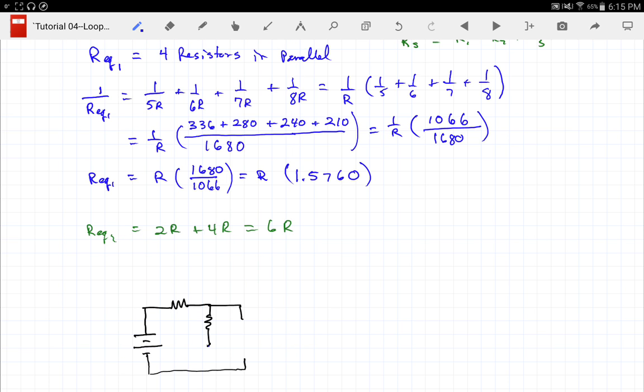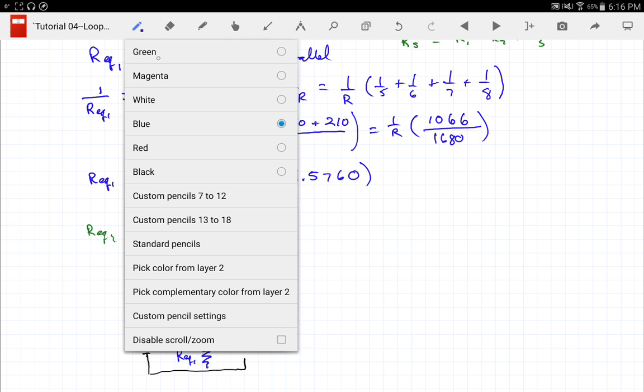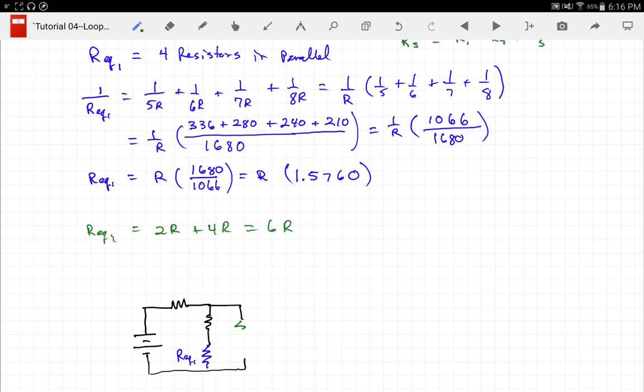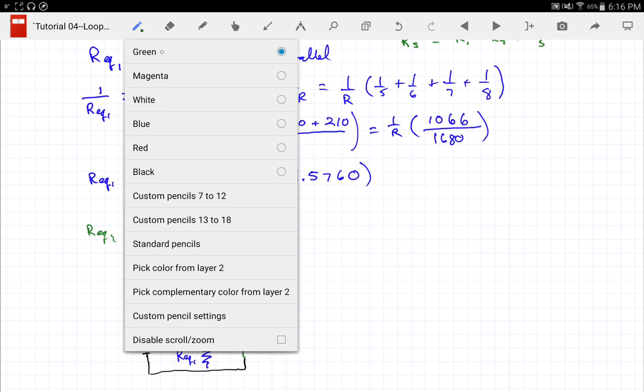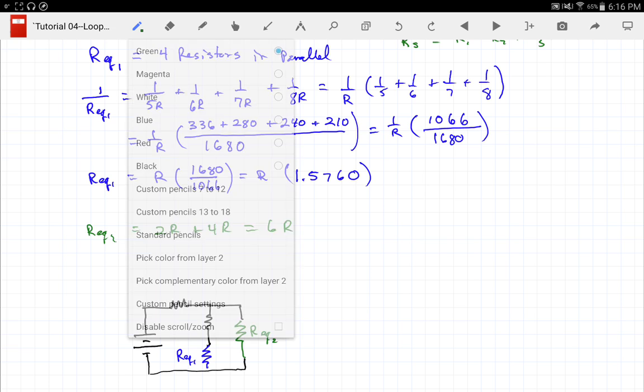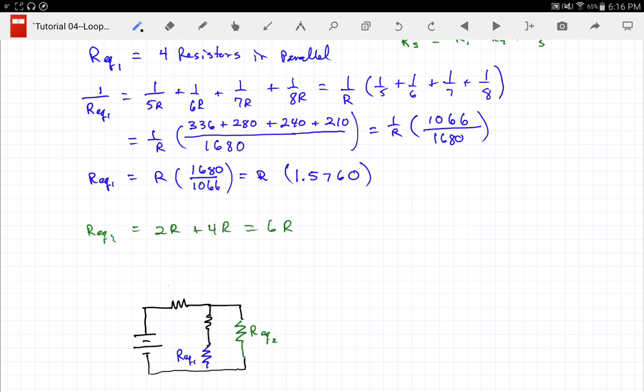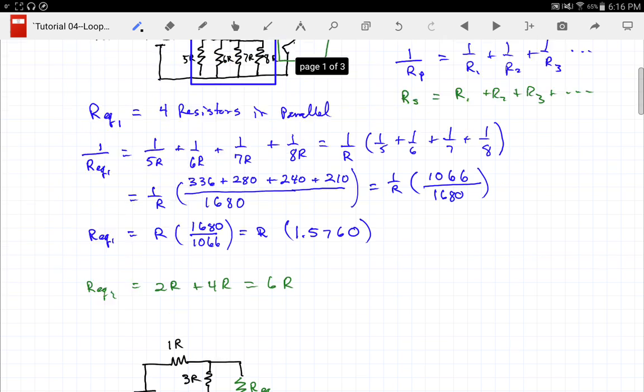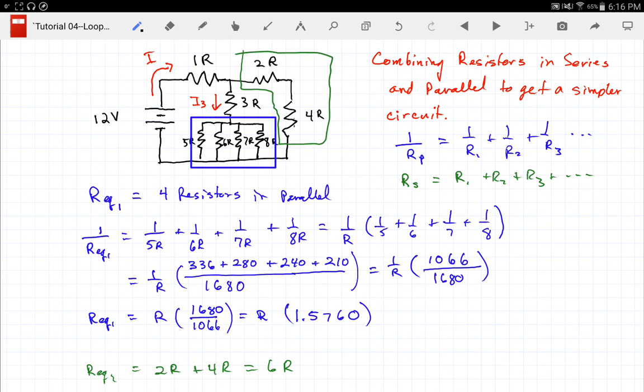So the blue is the R equivalent 1, and the green is the R equivalent 2. And then, of course, I still have the 1R. That was not what color I intended. The 1R and 3R that I had in my original circuit.